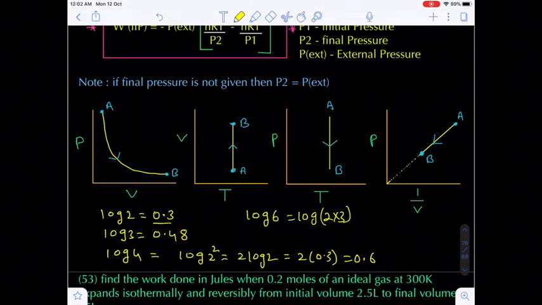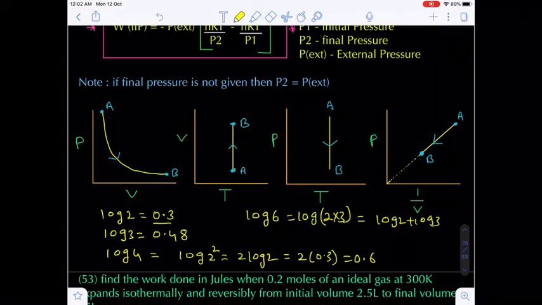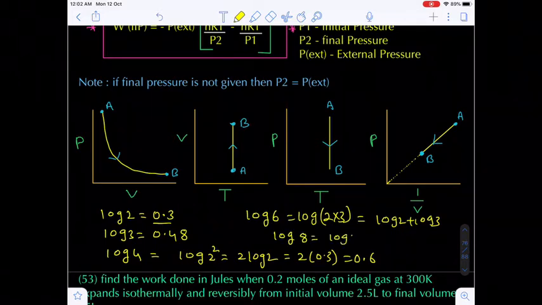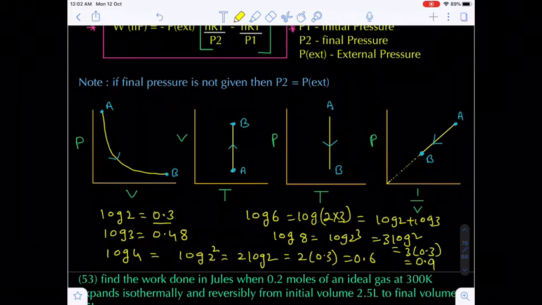We know log of AB is nothing but log A plus log B. We know log 2 value and we know log 3 value, so we can find the logarithm 6 value. And one more, suppose you want to calculate log 8, I write log of 2 cube, which is nothing but 3 times log 2. Log 2 value is 0.3, so 3 into 0.3 will be 0.9. Are you getting my point?